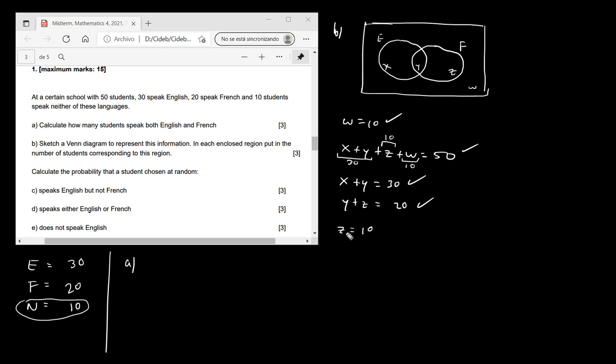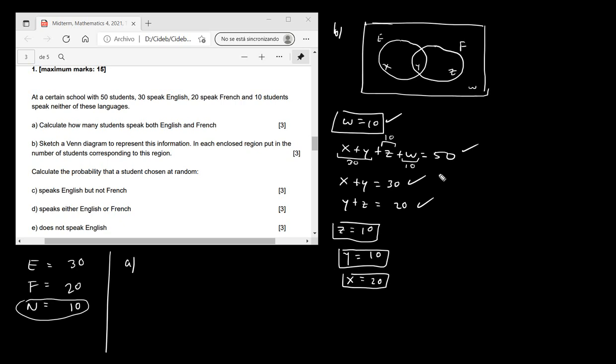Z must be 10. So I already have two of them, W and Z. If I have Z, I can calculate Y, which must be 10. And if I know Y, I know X, which must then be 20. And I'm done with the calculation of each of these numbers of people.